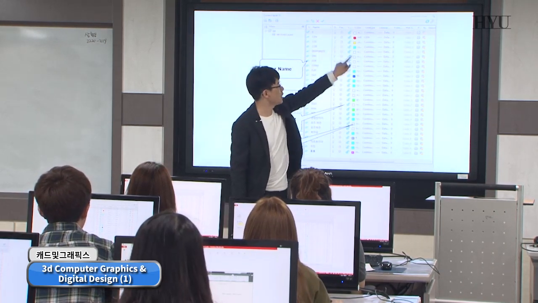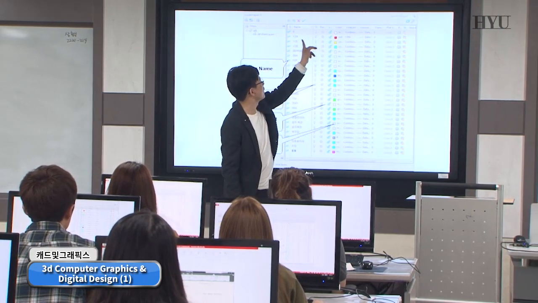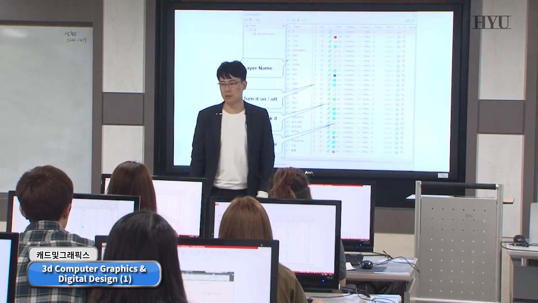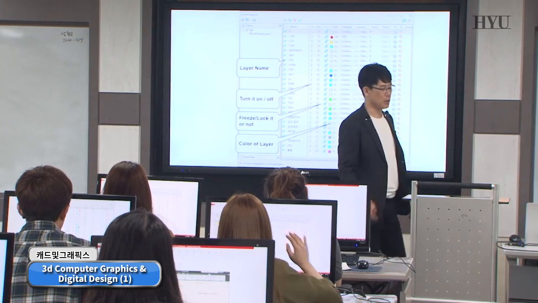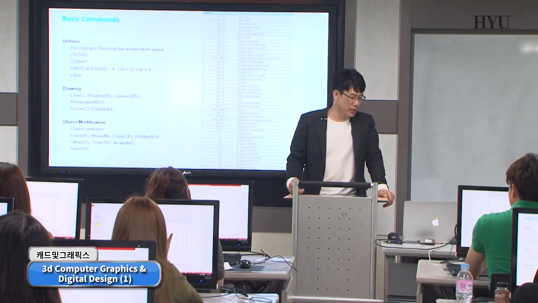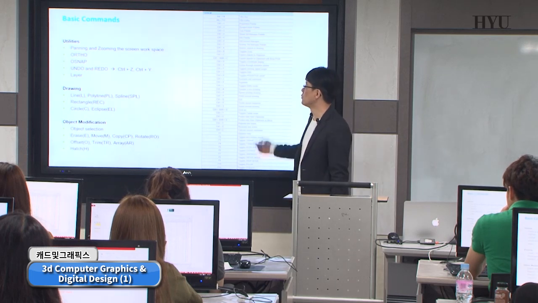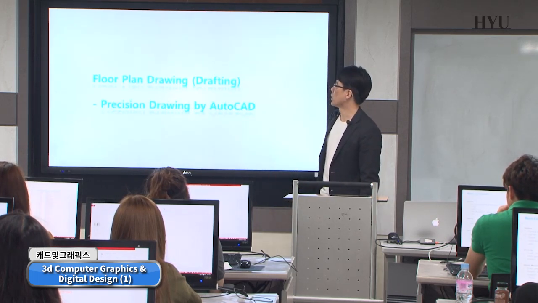You can turn them on and off, or you can change colors. How about the center line? It's in red color, okay? That means if you find red color, that is the center line for your walls, okay? So basic commands are listed here, so you need to take a look at this one when you use AutoCAD.